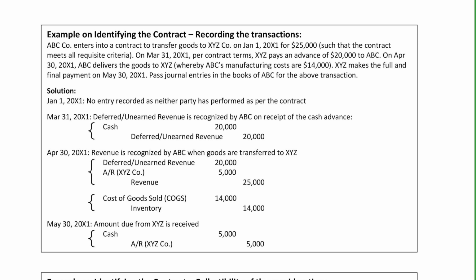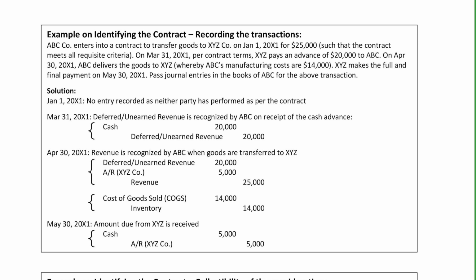On March 31st of that year, as per the contract terms, XYZ, that's the customer, pays an advance of $20,000. On April 30th, ABC delivers the goods to XYZ, the customer, and has certain manufacturing costs, and XYZ makes the full and final payment on May 30th.